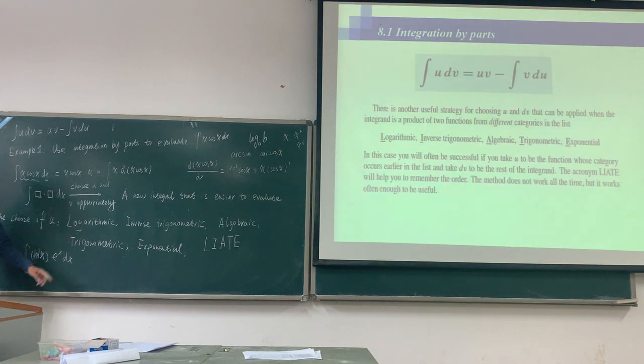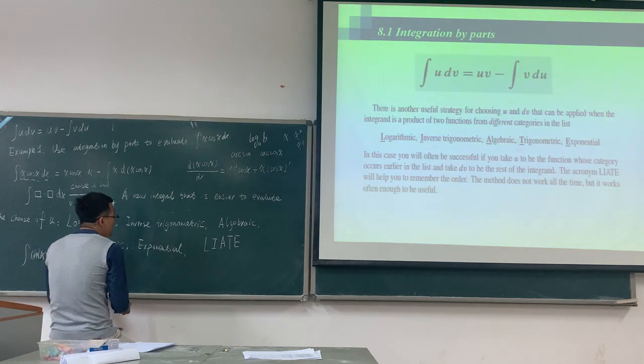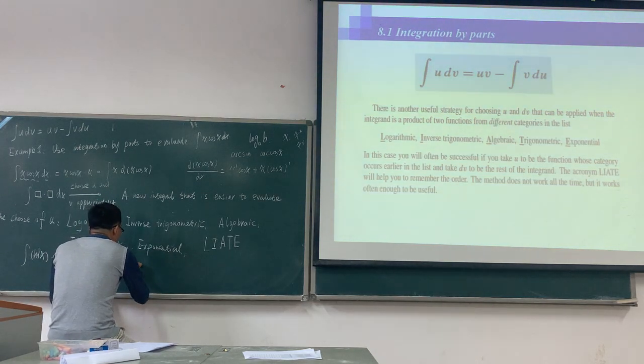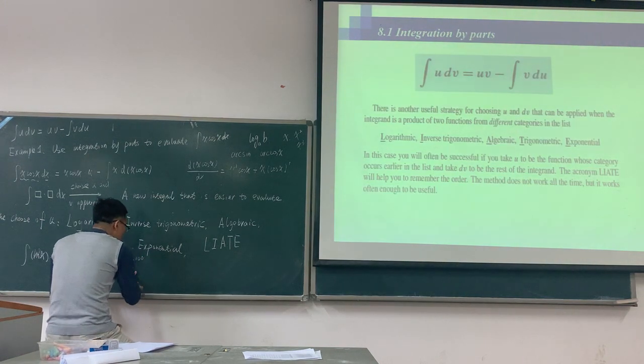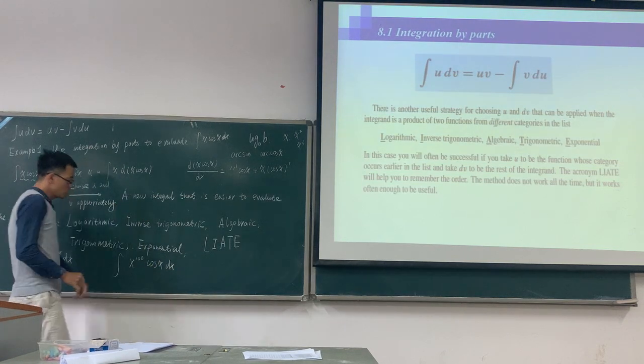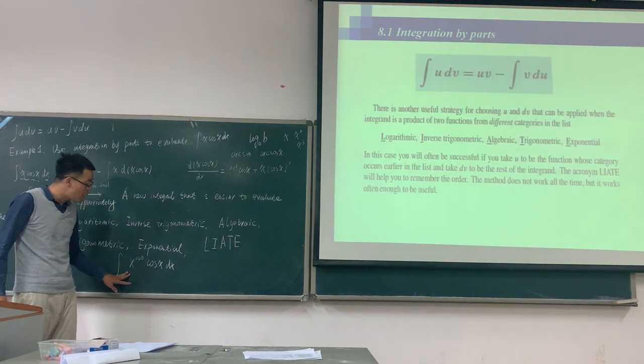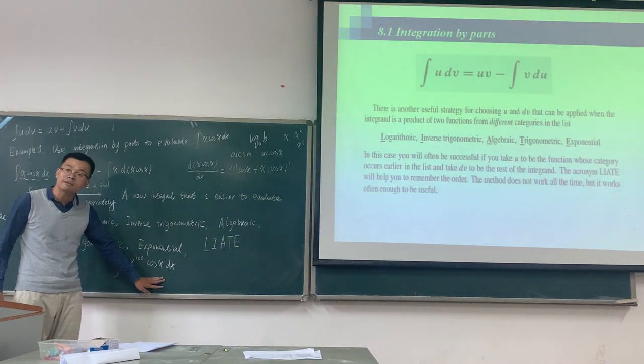For the second example, we have x to the power 100 times cosine x dx. Find the antiderivative of x to the 100 power times cosine x.